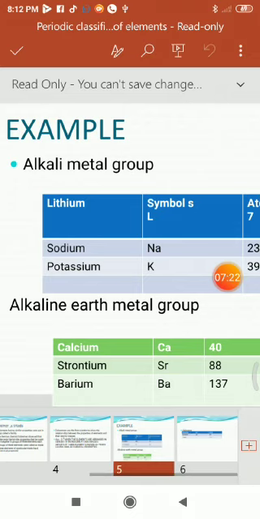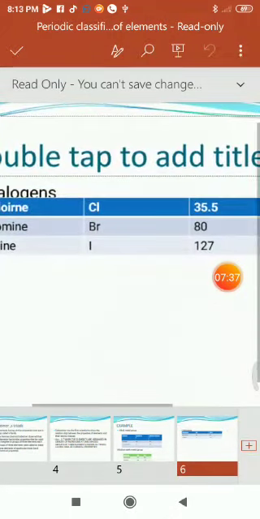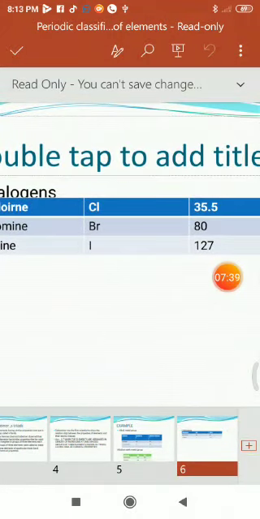Let's take the next group, that is the halogens. The elements chlorine, bromine and iodine have similar chemical properties. All three elements are non-metals. All three react with water to form acids, and all three have valency 1; they are monovalent.